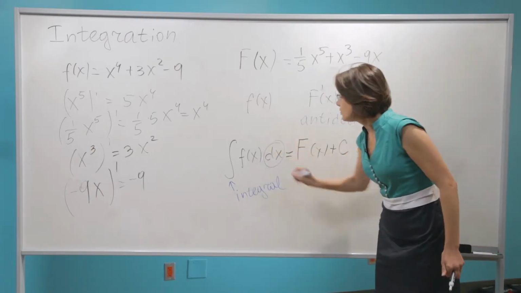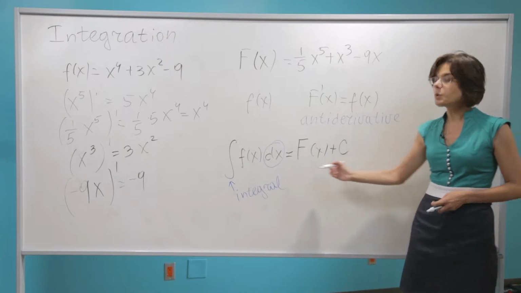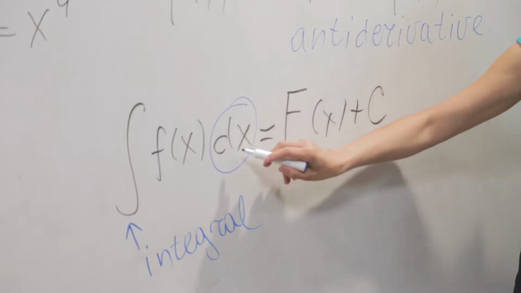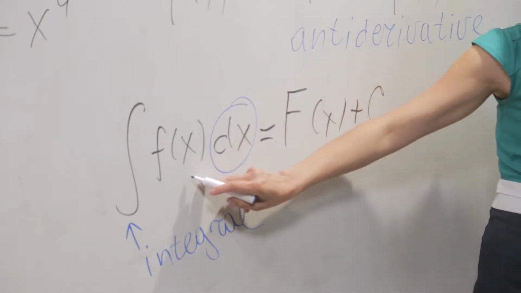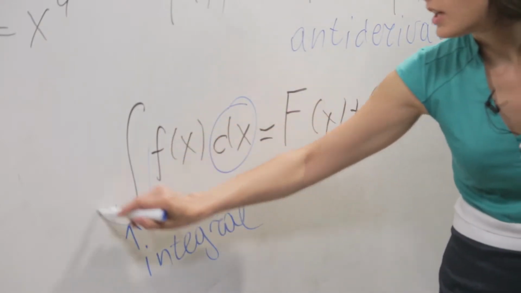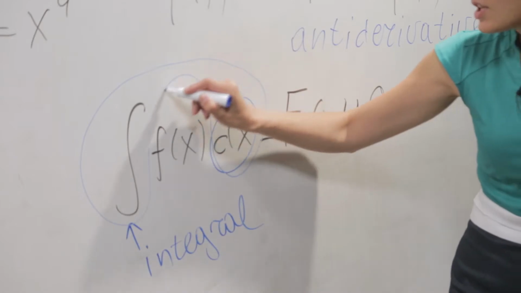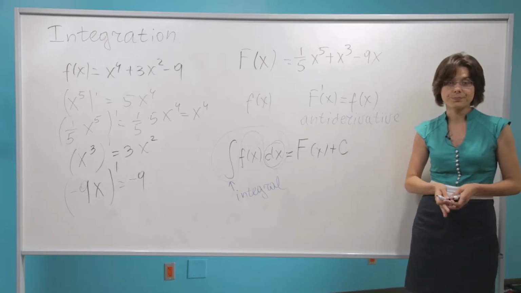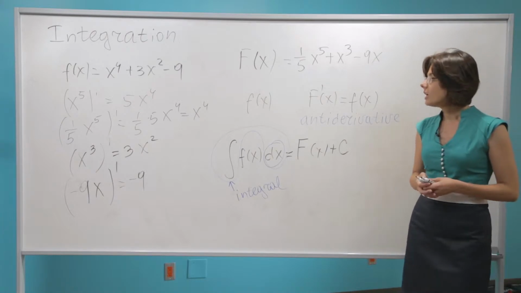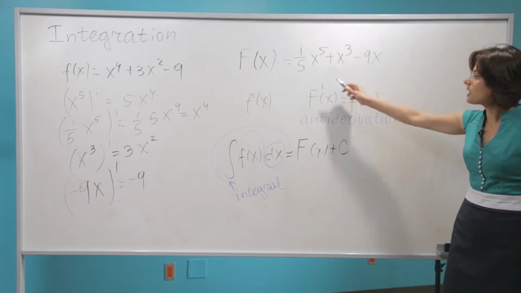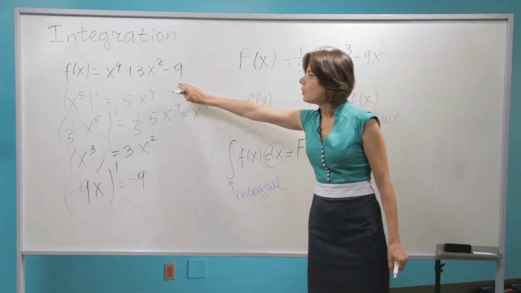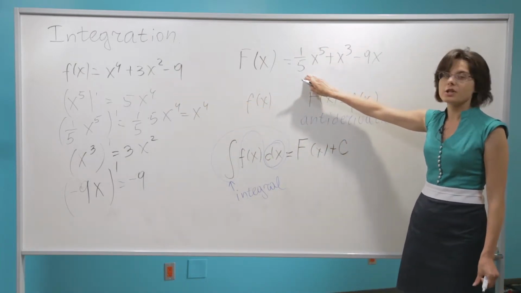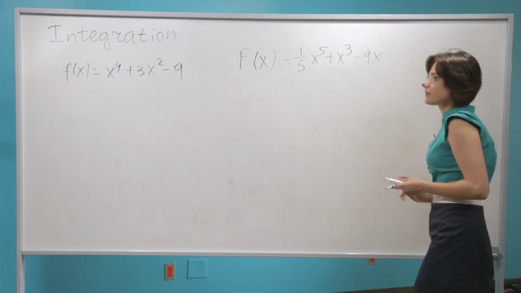This multiplier dx is telling us over which variable we integrate. So right now, dx means that we are integrating over variable x. So basically, integral and dx are always going together. It's like one formula, one function. In our notation now, we can write that the integral of function f of x is equal to capital F of x.